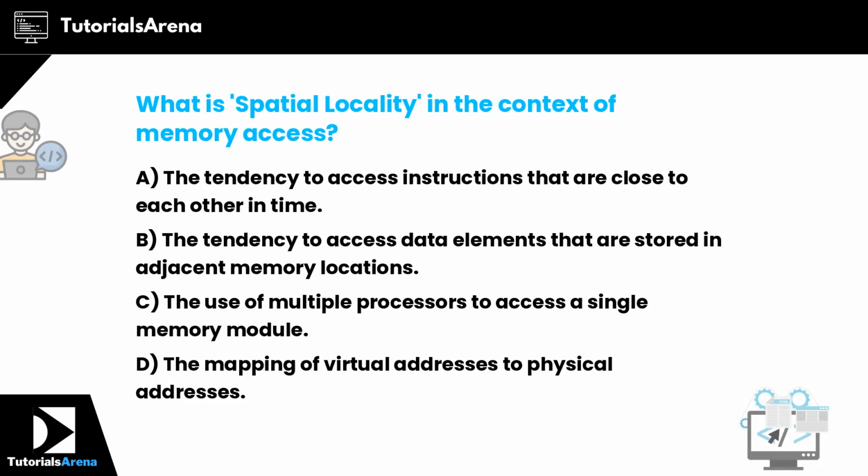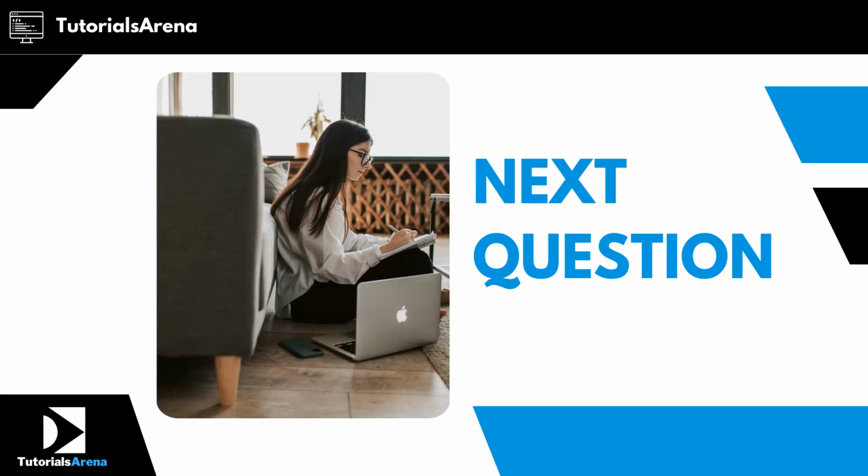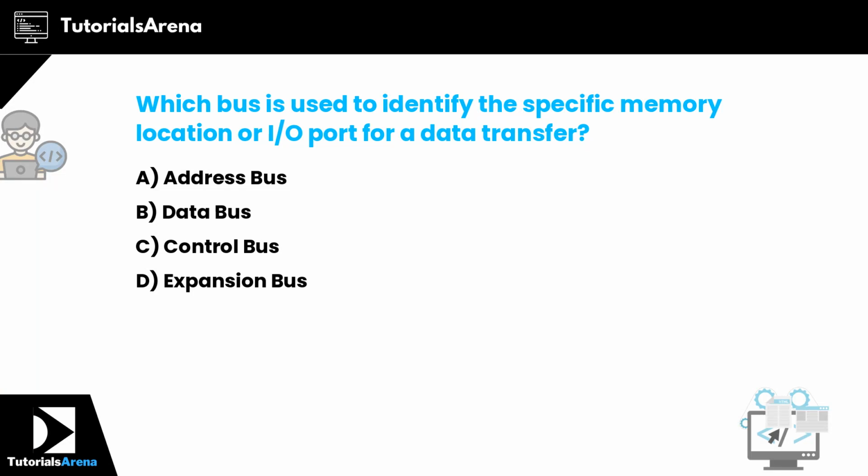What is spatial locality in the context of memory access? The correct answer is option B. The tendency to access data elements that are stored in adjacent memory locations. Which bus is used to identify the specific memory location or I/O port for a data transfer?